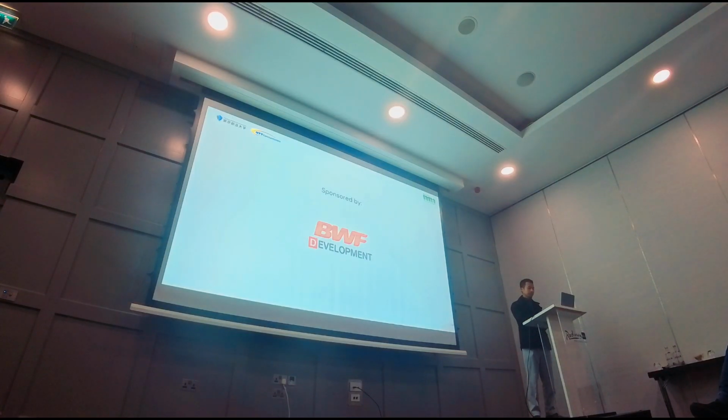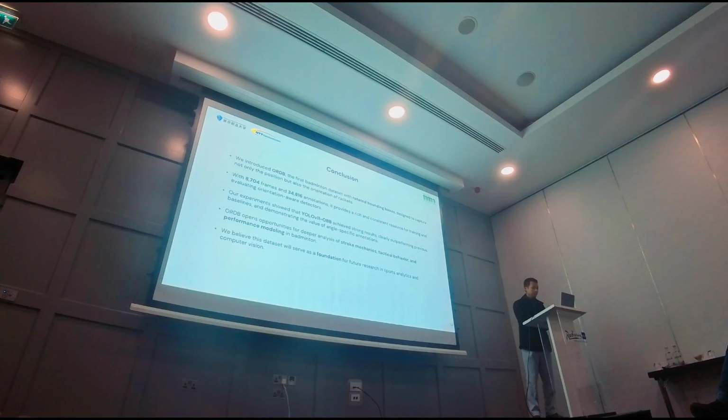Or hopefully, this dataset can be used for the coverage area of every player, because, for example, a player with the racket not ready versus a player with the racket ready will be different if we use only pose information versus also using the racket. If we use racket information, the analysis will be deeper. So we believe this dataset will be a strong foundation for future research in badminton analysis.